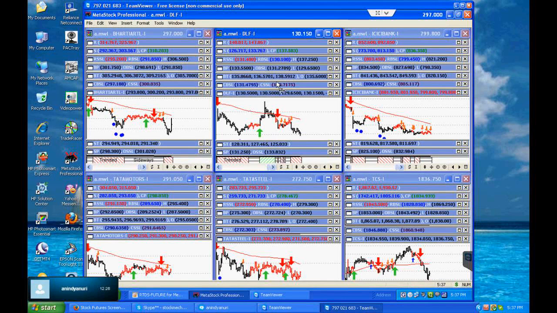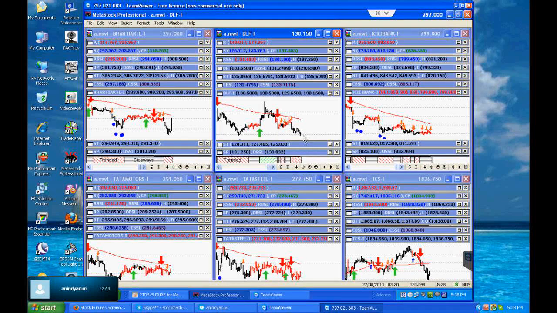So if the price goes above 133.72 or 75 on the 5 minute closing bar, then you will have a green up arrow, and vice versa. So see, the last signal is a red arrow. That is the down signal, that is the sell signal in the DLF chart.